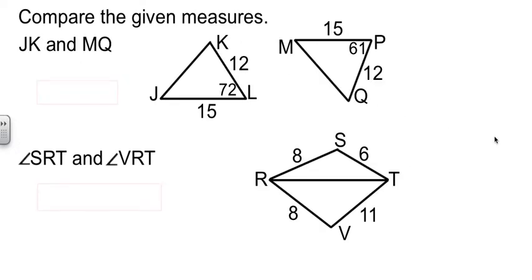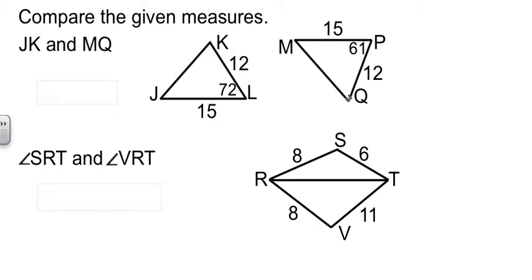So let's compare some measures based on what's given to us in a triangle. Okay, we have two triangles, triangle JKL and triangle MPQ. And you'll notice we have two sets of matching sides. We have a 15 to match a 15. We have a 12 to match a 12. So the question is, how does JK compare to MQ?